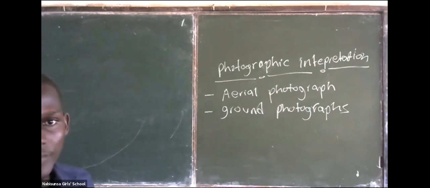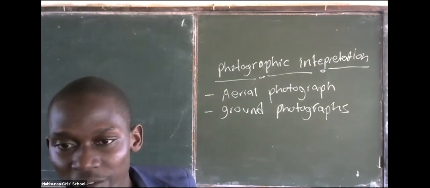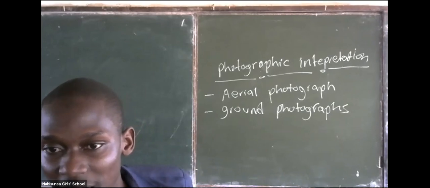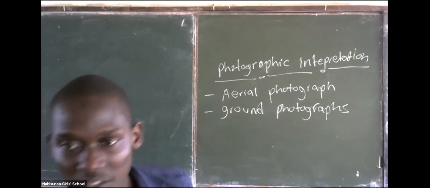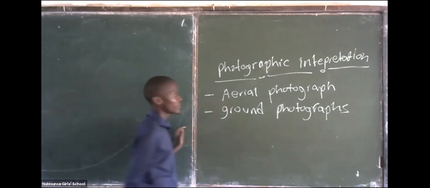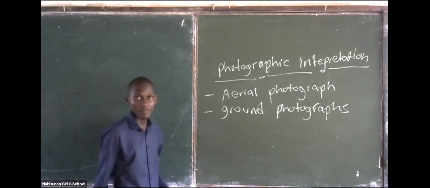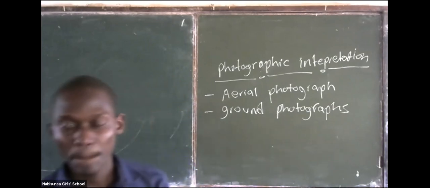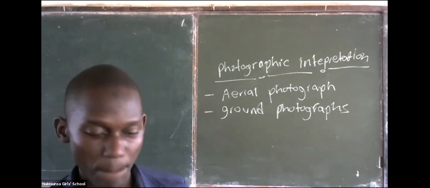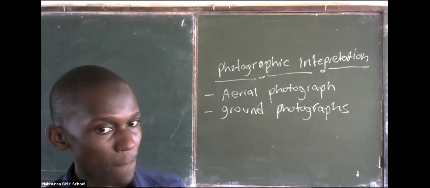Other people, you can write the definition in the chat as I get one person. Agnes, what is aerial? Aerial photographs are photographs which are taken from the air when the photographer is not connected to the ground.